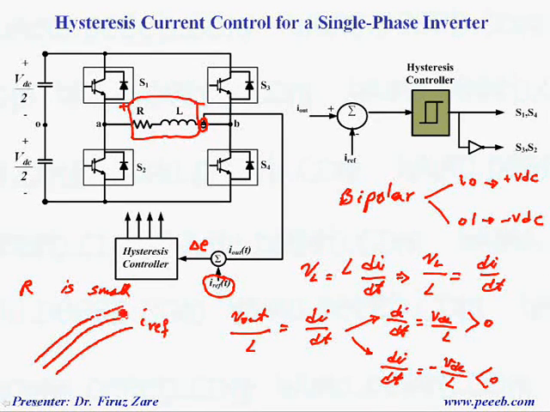The hysteresis band height can define the switching frequency. That means when the load current crosses the upper band, we should decrease the current. Decreasing the current means negative di/dt, which means we should have negative voltage. And when the load current crosses the lower band, we should increase the current. That means we need positive di/dt, or the output voltage should be positive.